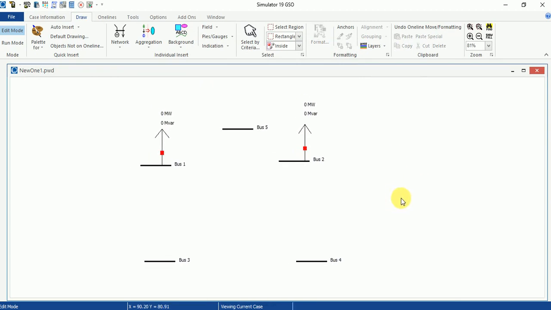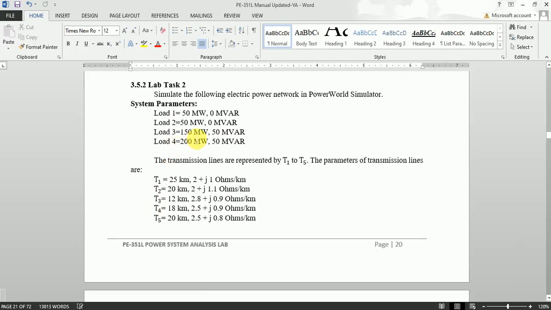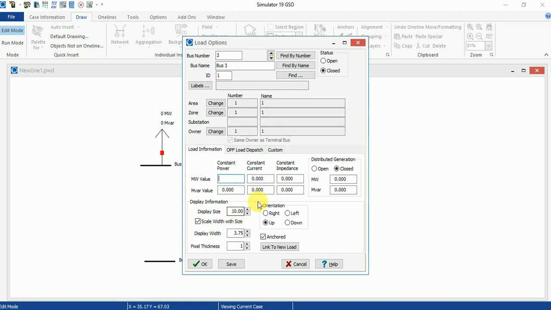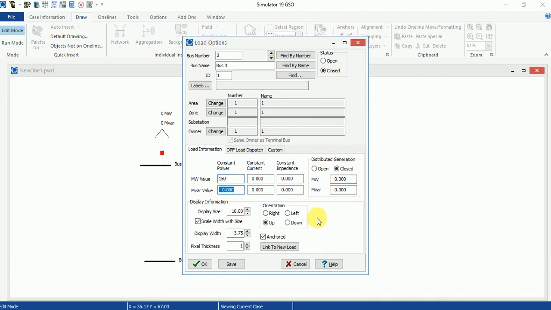Now we must add load number 3. Since it has a value of 150 megawatts, just provide 150 megawatts to the constant power and add 50 megawatts to the reactive power. So that's load number 3.